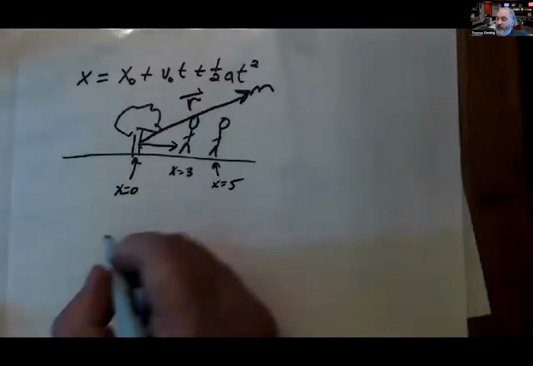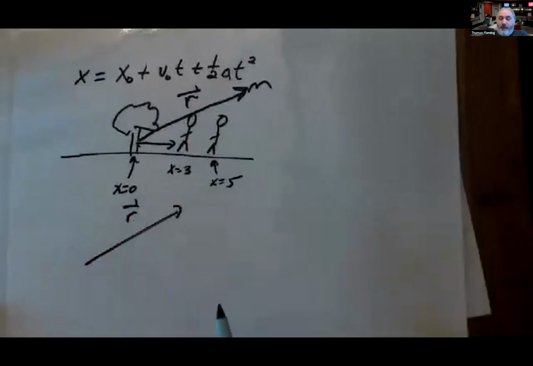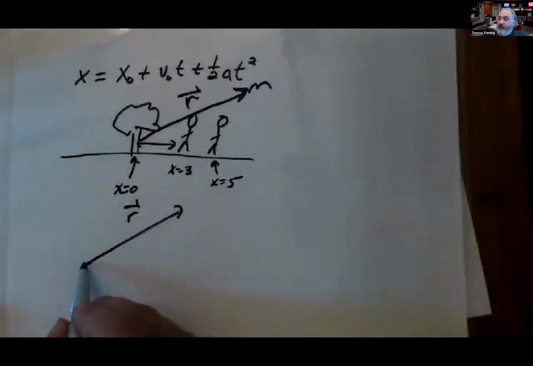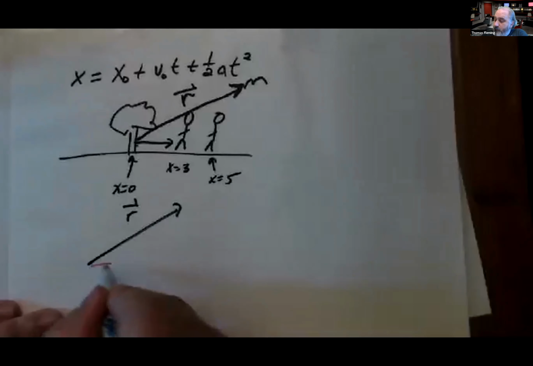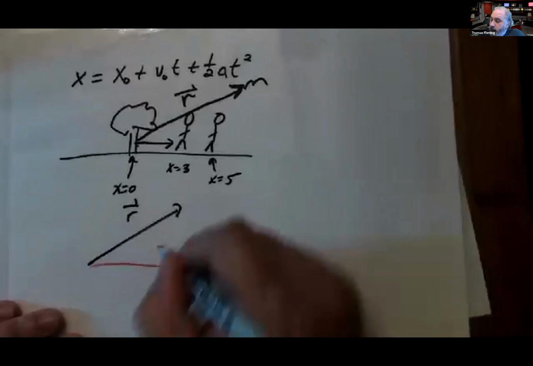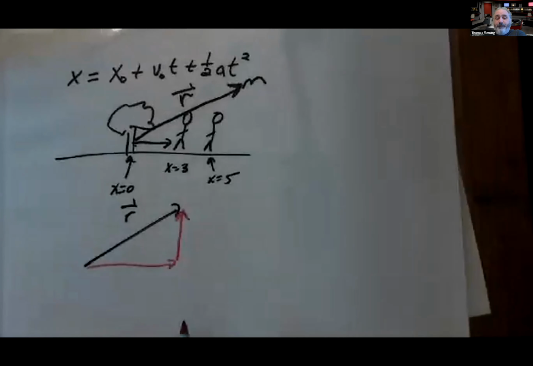But notice, r is a vector that points from the origin that I've picked to where I'm looking, so r is going to have components in the x direction and the y direction.